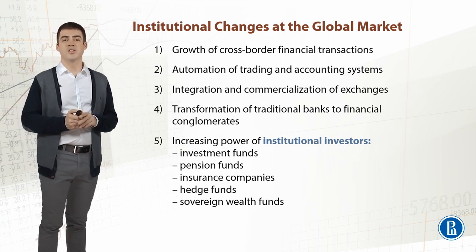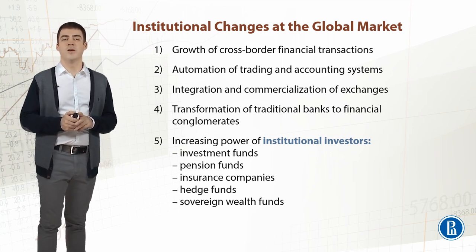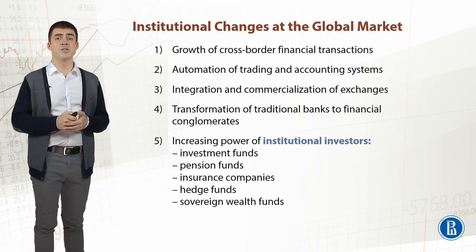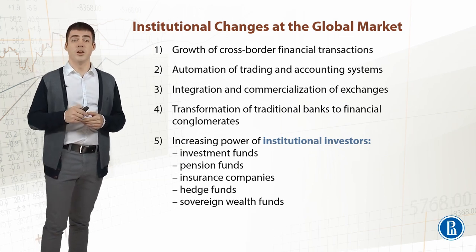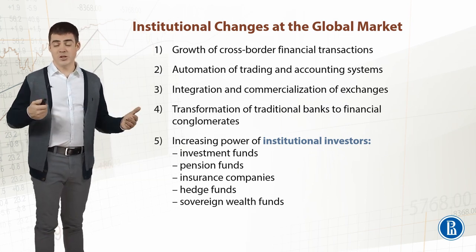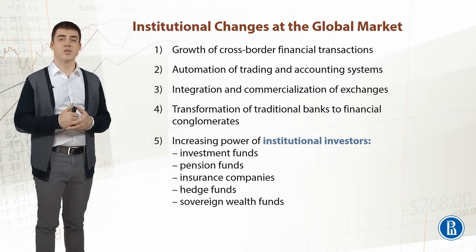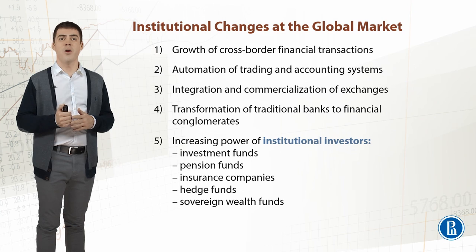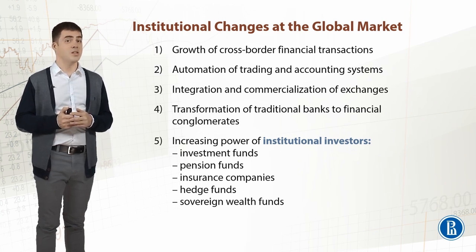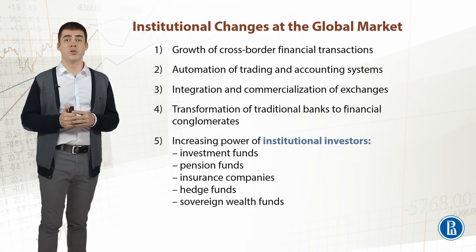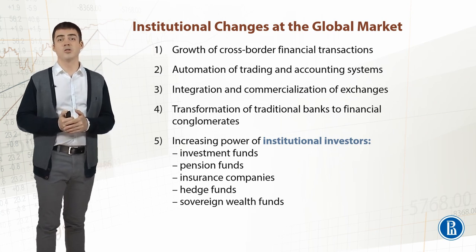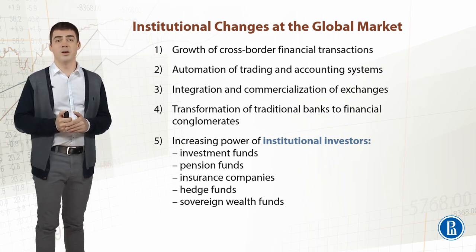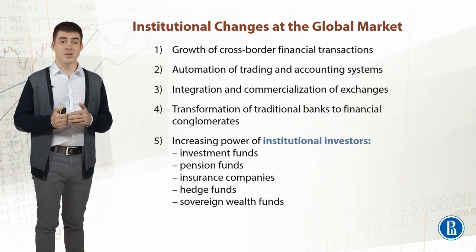Finally, I would like to say that institutional investors like investment funds, pension funds, insurance companies, hedge funds, and sovereign wealth funds have much increased their market share and their market power over the recent decades, meaning that most of the transactions made at financial markets are becoming less direct and more indirect.